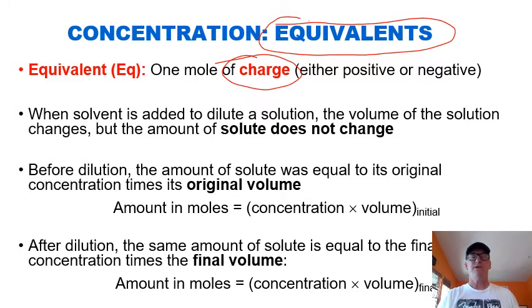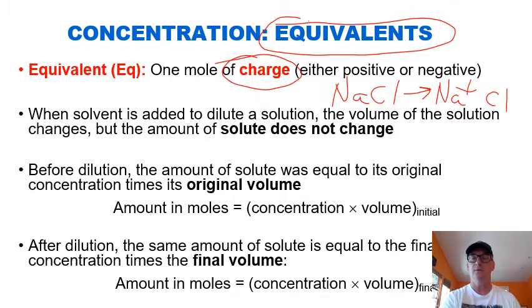If I was to dissolve 1 mole of sodium chloride in water, remember that it dissolves into its ionic forms and separate from each other. So from 1 mole of sodium chloride, I would have 1 equivalent of sodium ions and 1 equivalent of chloride ions. I would now have 2 equivalents of charge, okay?